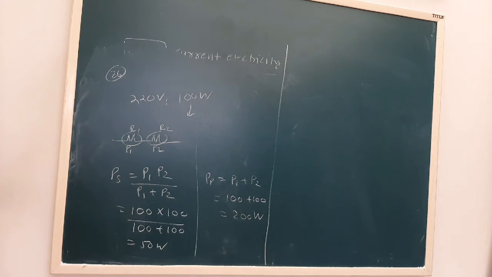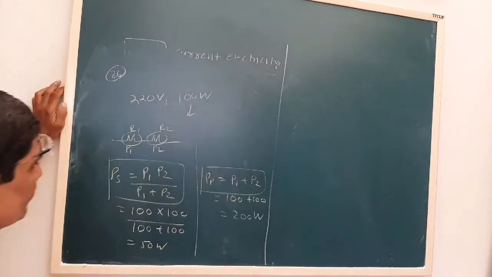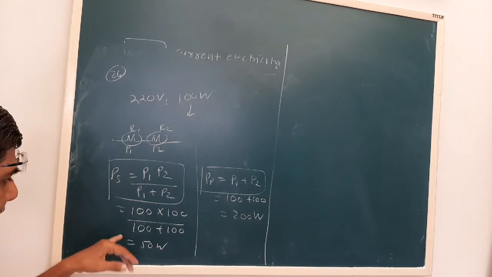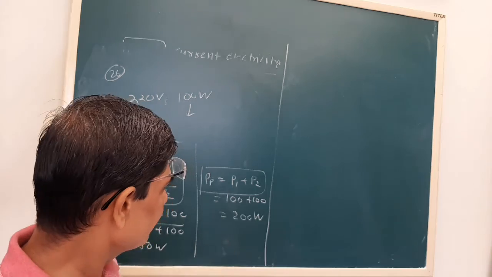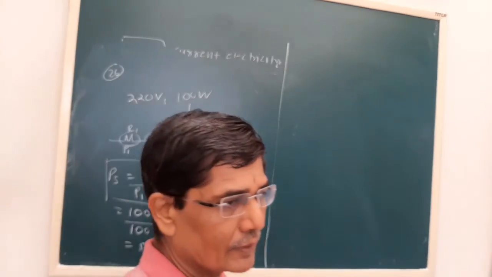So this we should remember as a formula. PS, power in series, is P1 P2 upon P1 plus P2, and power in parallel is P1 plus P2. So when it is connected in series, the power is 50 watt and when connected in parallel it is 200 watt. So this is about the MCQ.